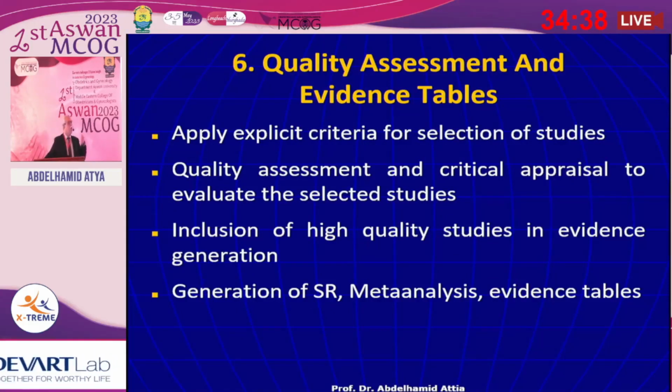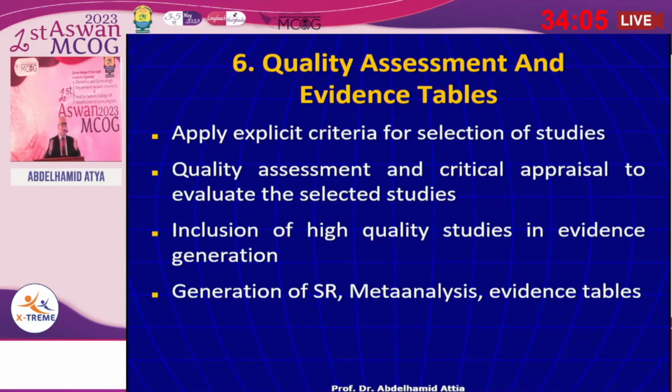After that, they start a very meticulous methodology for quality assessment and critical appraisal of every study they found. They apply explicit criteria for selection of the studies to be included, quality assessment and the critical appraisal to evaluate the selected studies, then inclusion of high-quality studies in evidence generation, and finally, they generate for every small PICO question a systematic review, a meta-analysis, and they put what is known as evidence tables.